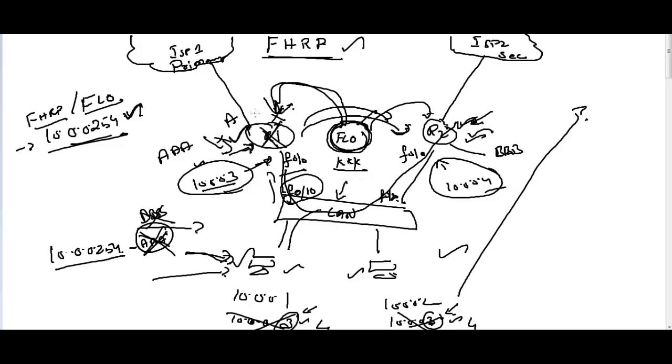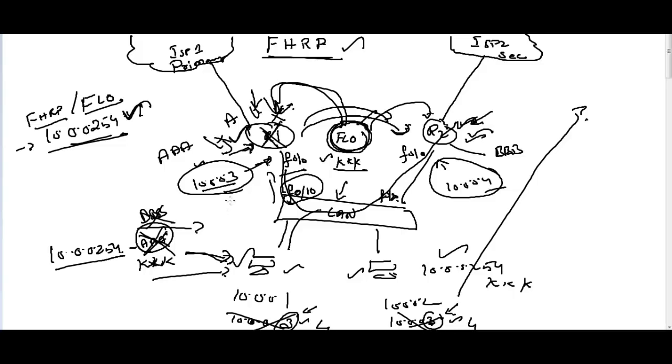If R1 is the active device, this IP address and this MAC address will be with this router. So according to the computers, the gateway is 10.0.0.254 and the MAC address is KKK. It is not AAA or BBB. It is KKK.